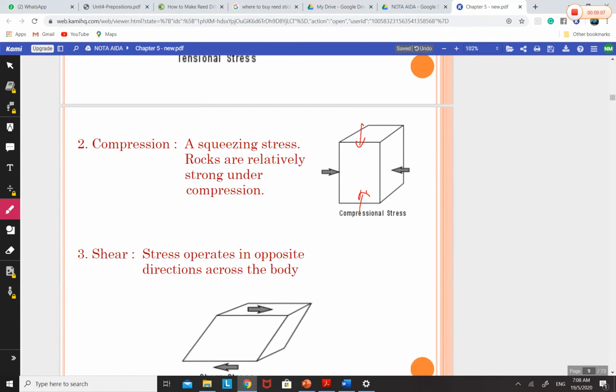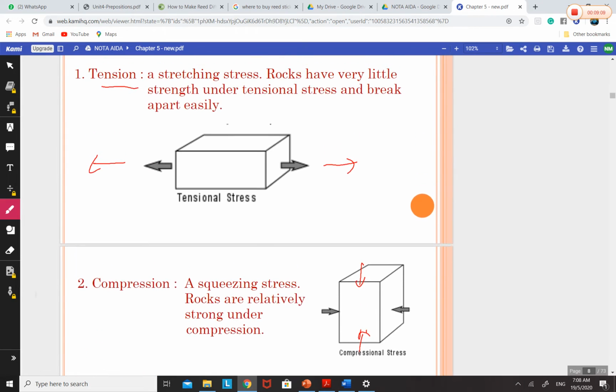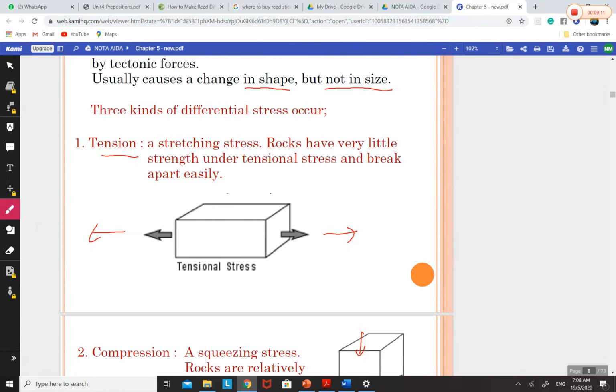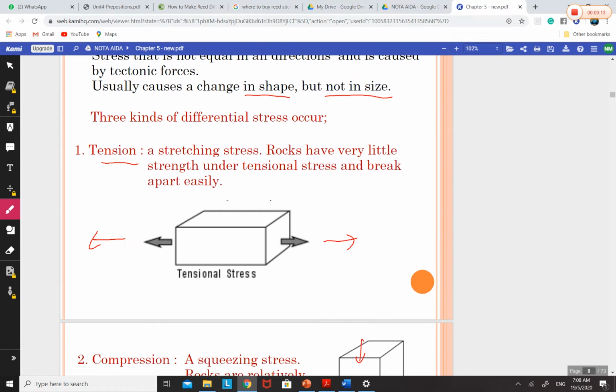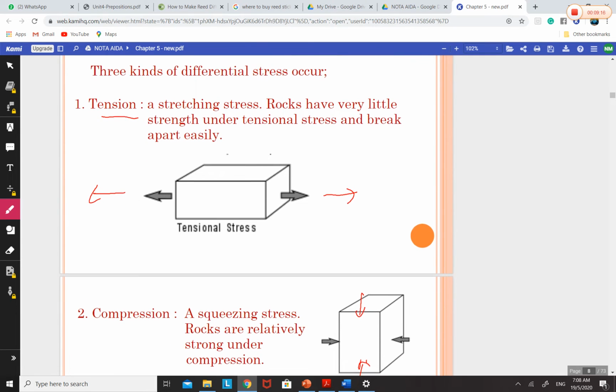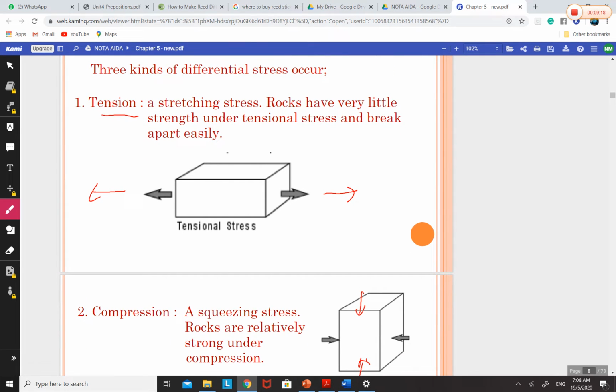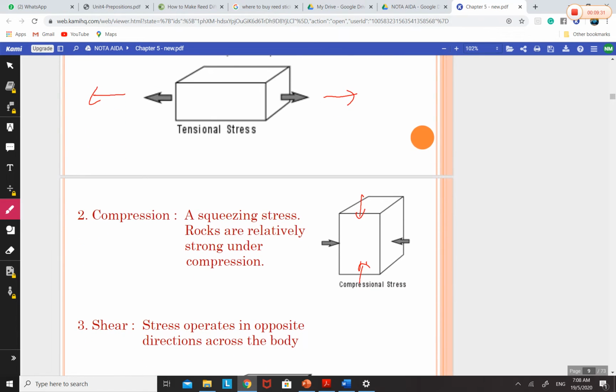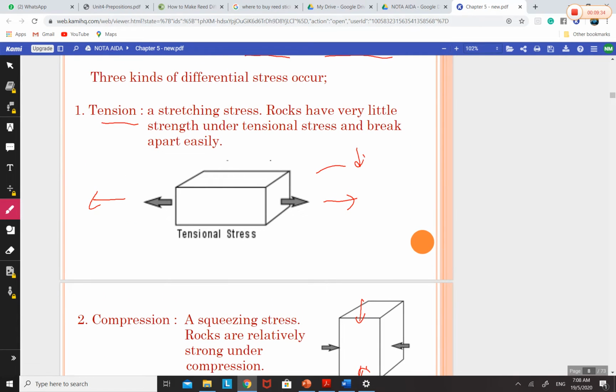Okay, if we want to relate it with plate tectonic movement, for the differential stress, what kind of plate tectonic movement? For example, tension. The tension movement can be related with the divergent plate movement, bila two plates move apart from each other.